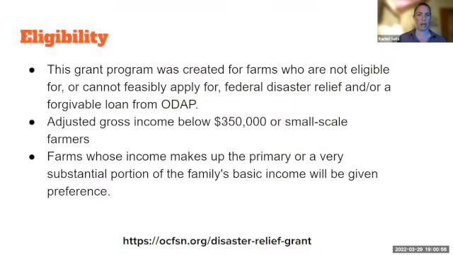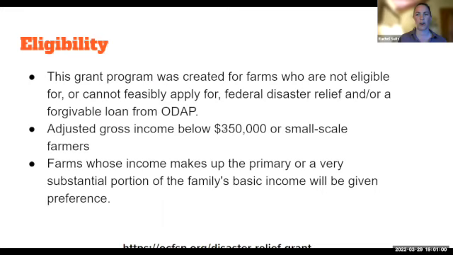All right, so this grant program was created for those farms that are not eligible for, or it's not feasible for them to apply for, both federal and or the forgivable loan from ODAP that Alan just talked about. Again, it's small scale farmers. And the other eligibility piece is that the farm income makes up a primary or very substantial portion of the family's basic income.